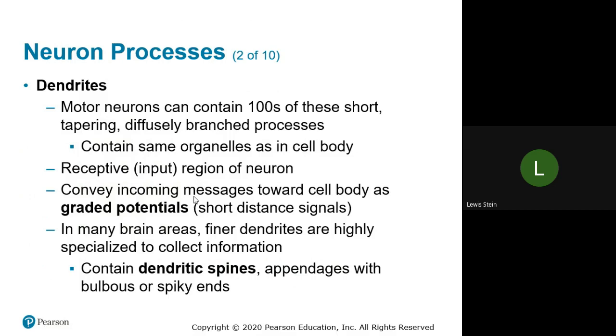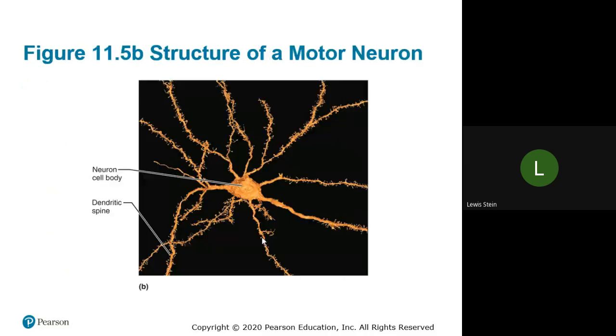End plate potentials are only associated with a neuromuscular junction. Graded potentials are associated strictly with nervous system activity. And just like end plate potentials, if they're insufficient to reach threshold, they only travel a short distance and deteriorate. Okay. So what you'll see in one of these micrographs are all these little dendritic spines, these little ends that are accumulating inputs and information.